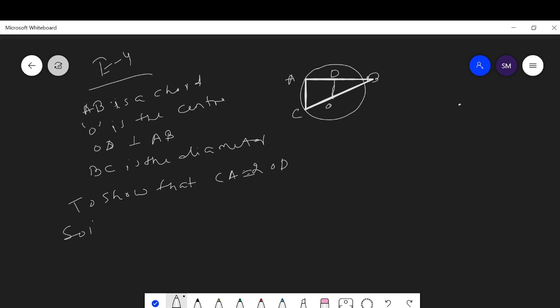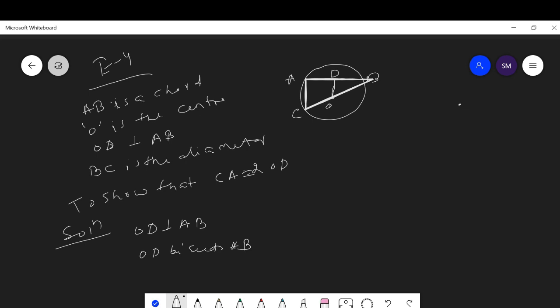Then solution. Here since OD is perpendicular to AB, and the perpendicular drawn from the center to the chord always bisects the chord from the theorem, this means OD bisects AB, which implies D is the midpoint.